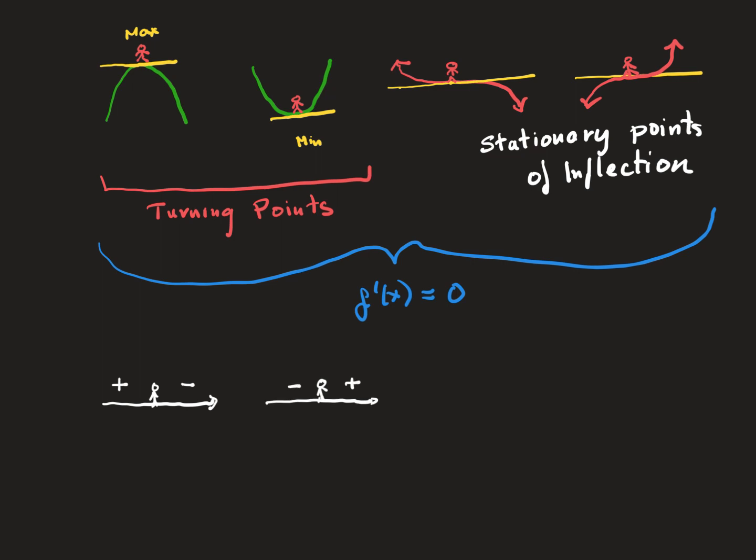What's going to happen with the stationary points of inflection is that our sign diagrams are slightly different, because you see the slope is negative on one side and it is also negative on the other side, and the slope is positive on one side and positive on the other side. Now that's how you can identify whether they are stationary points of inflection or turning points.